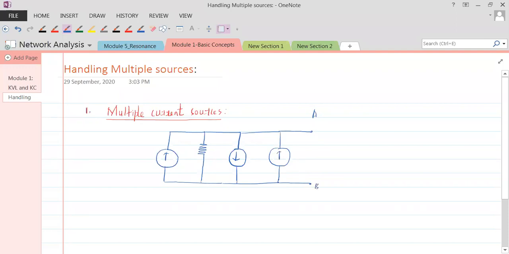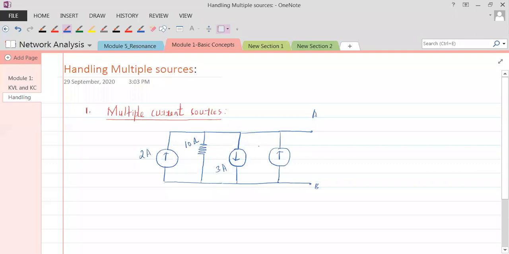There is a circuit like this, wherein this is 10 ohms, let's say. This is 2 amps. Fine. This is 3 amps. Fine. And this is what?